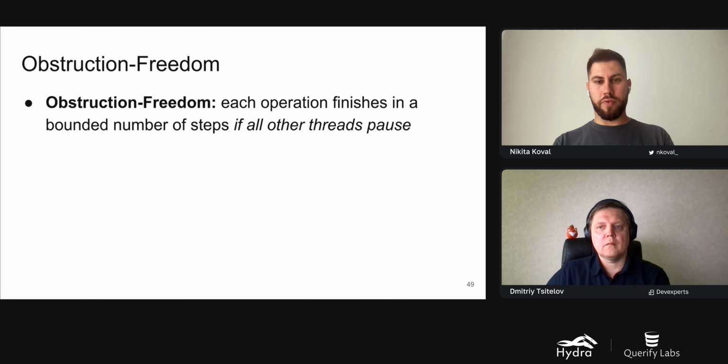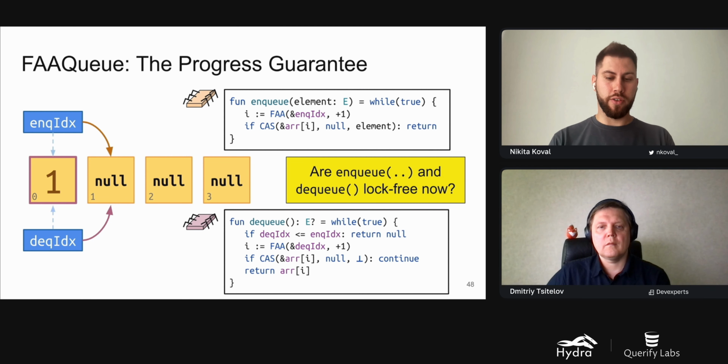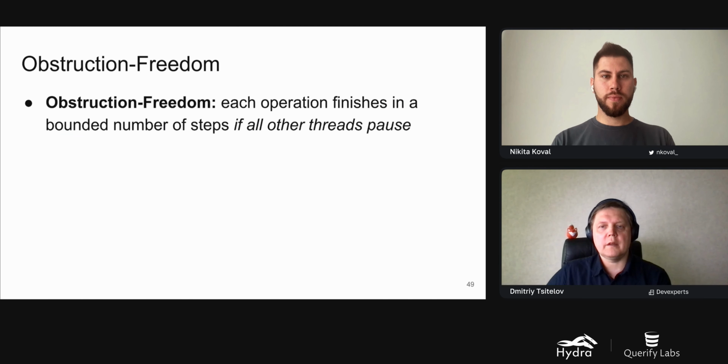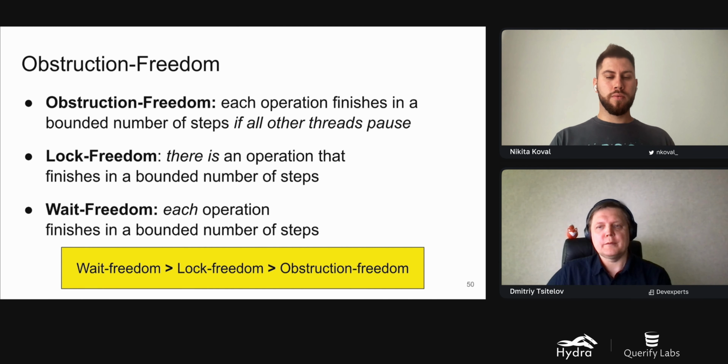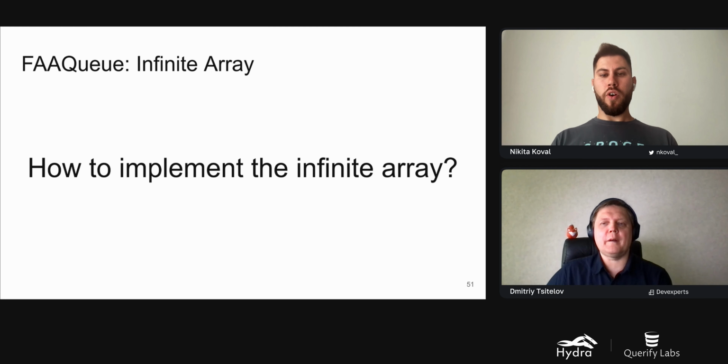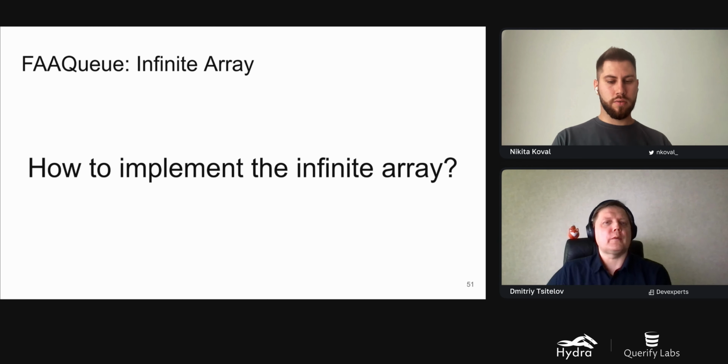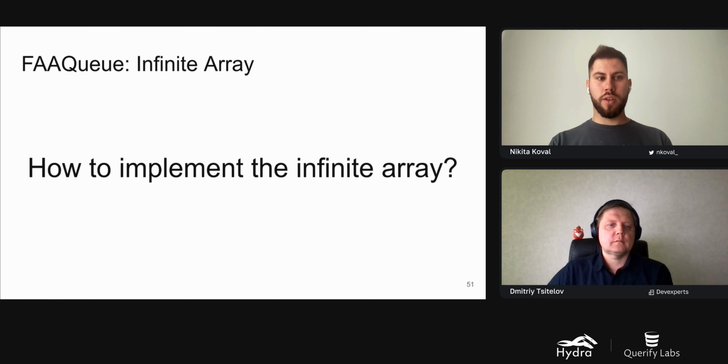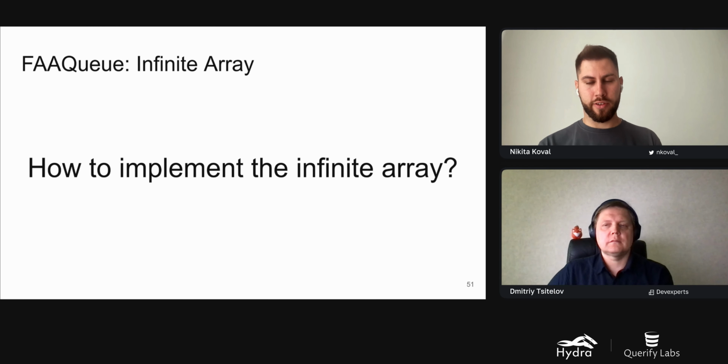We don't pay a lot for them. We don't restart from the beginning every time, as we do with the classic Michael-Scott algorithm, for example. So let's move forward because we don't have a lot of time.